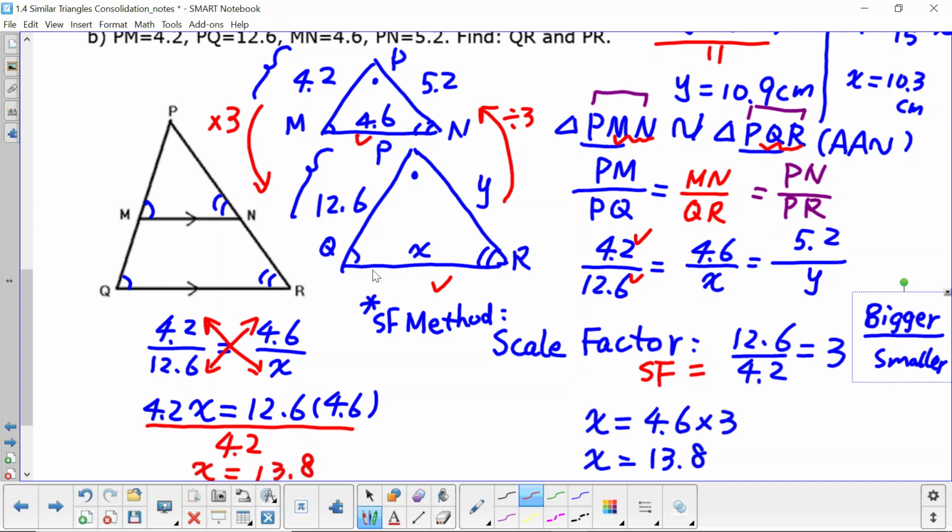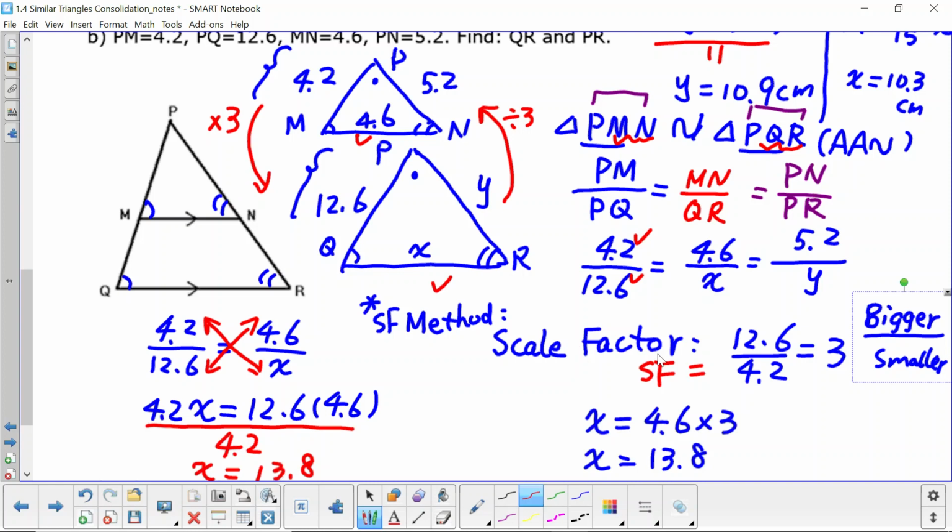For solving unknown angles, we just use corresponding angles equal. And for solving sides, you need to set up the corresponding ratios. Then pick 2 ratios to set up one equation. If the x is not at the numerator, you are going to do cross multiplying, then find the unknown. Or you could use a scale factor.